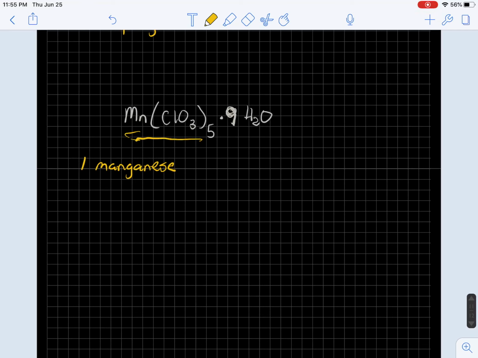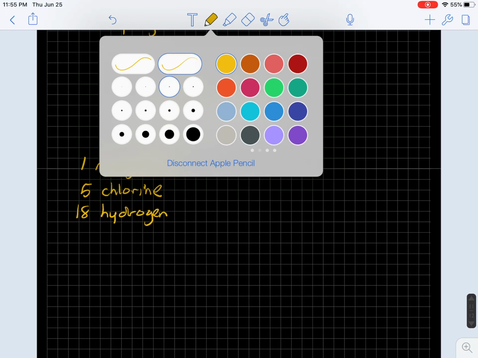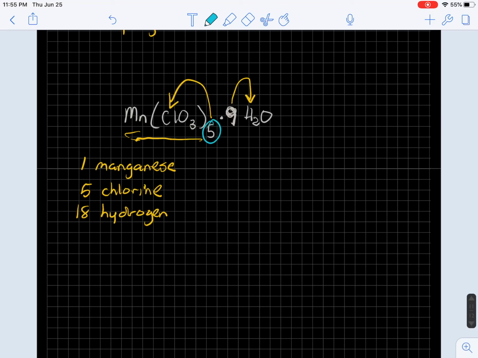So we have 1 manganese here on the left side, and we have 5 times 1, 5 chlorine atoms on the left side. Now we have oxygens on both sides, so I'm going to save that to the end. We have 9 times 2 on the hydrogens. And then lastly, let's do this in a different color pen. Let's do this in blue.